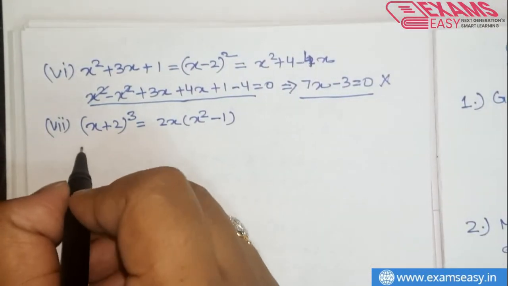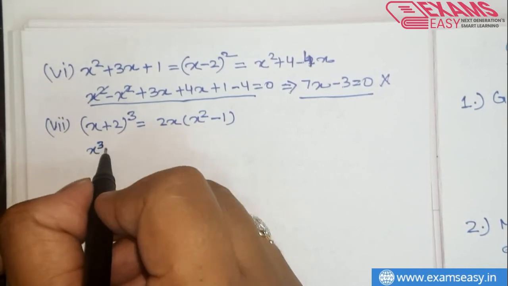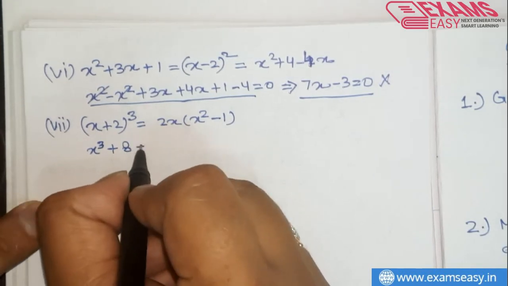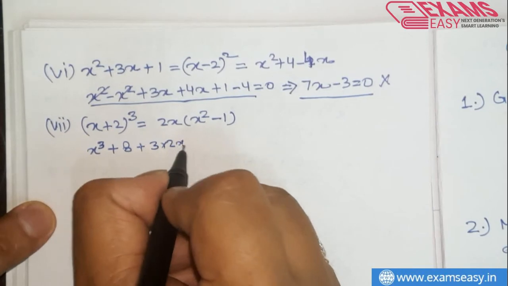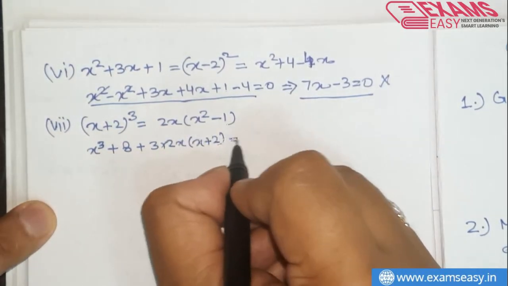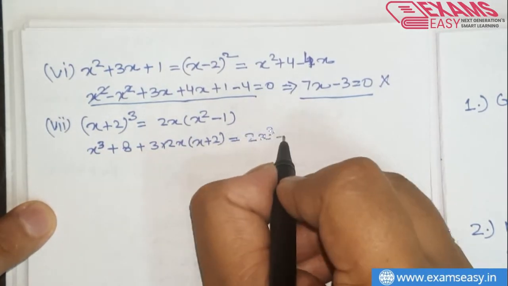So it will become x cube plus 2 cube, which is nothing but 8, plus 3 into a into b, that means 3 into 2 into x within bracket x plus 2, and in the right hand side we can write it as 2x cube minus 2x.